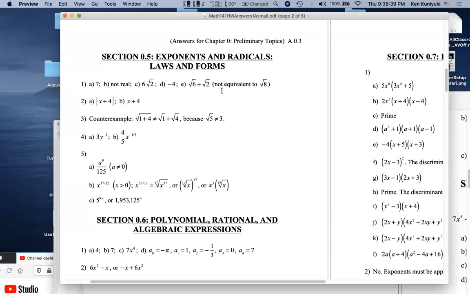Root 6 plus root 2 is not root 8. You can multiply radicals nicely, but you cannot add radicals nicely in a similar way. Any questions thus far?